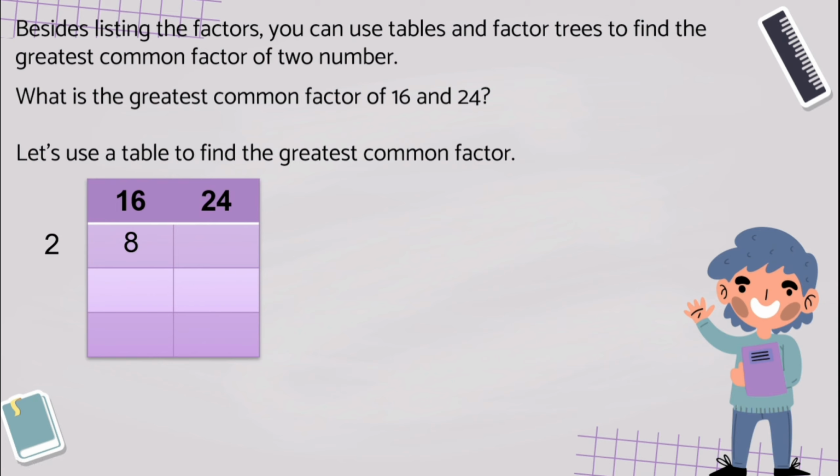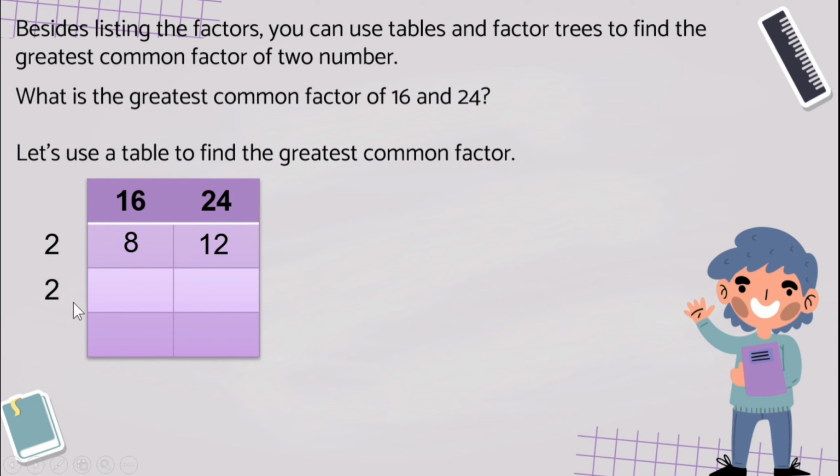So you can put 12 beside the 8, and then we have the new numbers 8 and 12. What number can divide both of them? Because these are still even numbers, you can choose 2 as a factor of 8 and 12.